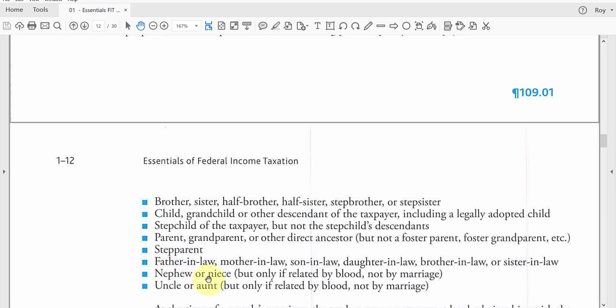Even nieces and nephews can make the relationship test. Also, in-laws, mentioned here, meet the relationship test. What you don't see on this list is cousins. And here in Hawaii, we say everybody is a cousin, yeah? But that doesn't meet a qualified relationship to meet this test.